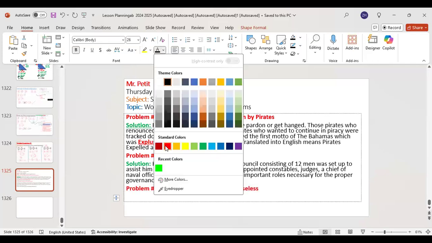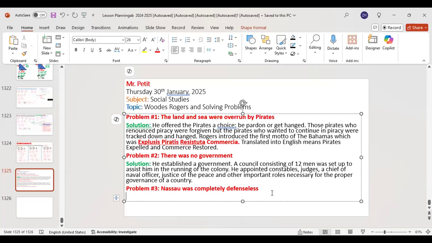Put forts around the island. He put forts around the island and put cannons on them. Exactly. So he basically gave the forts repair. Fort Nassau was in a terrible state and needed repair.